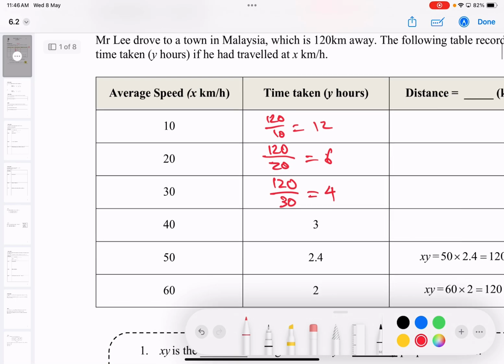Now let us take a look at this. We can see here that as we go down the column, the speed actually increases. Can you see that? But what happens to the time?